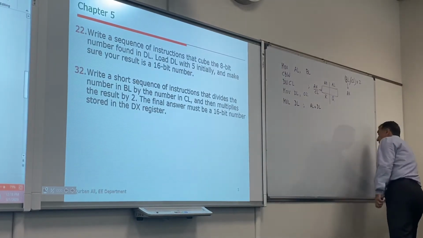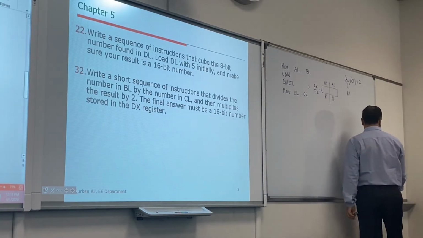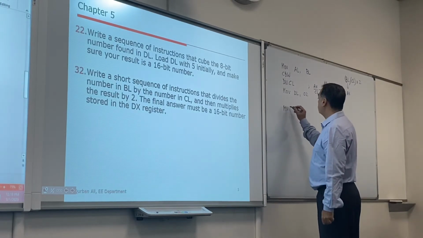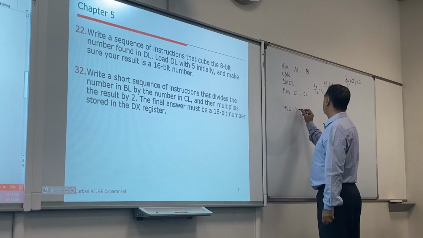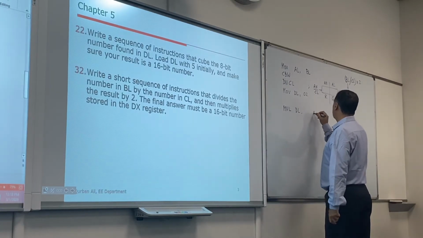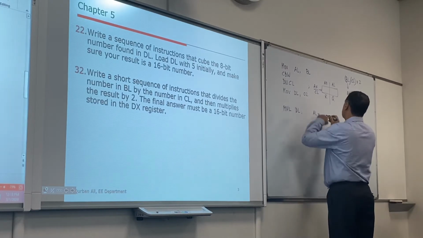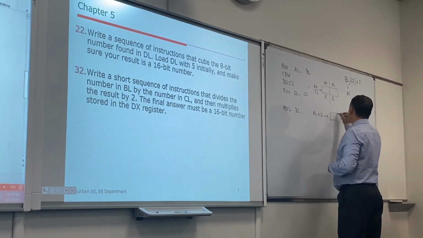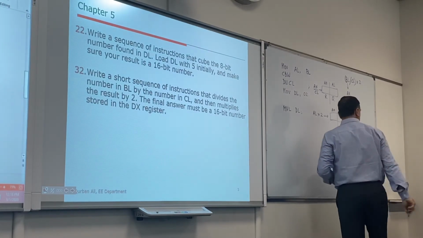Let me leave a space and let me say here mul DL, which means AL multiplied by DL, which is 2, and the answer again is multiplication.